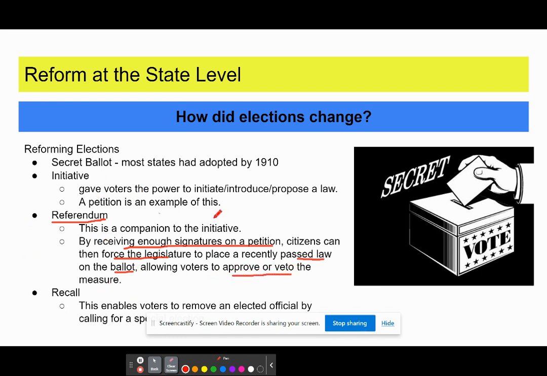So this goes hand in hand with the initiative. And then last is this idea of recall. This allows voters to remove an elected official by calling for a special election. If someone is in office and you think they're not fit, or there's another issue, you can then call for a new election.